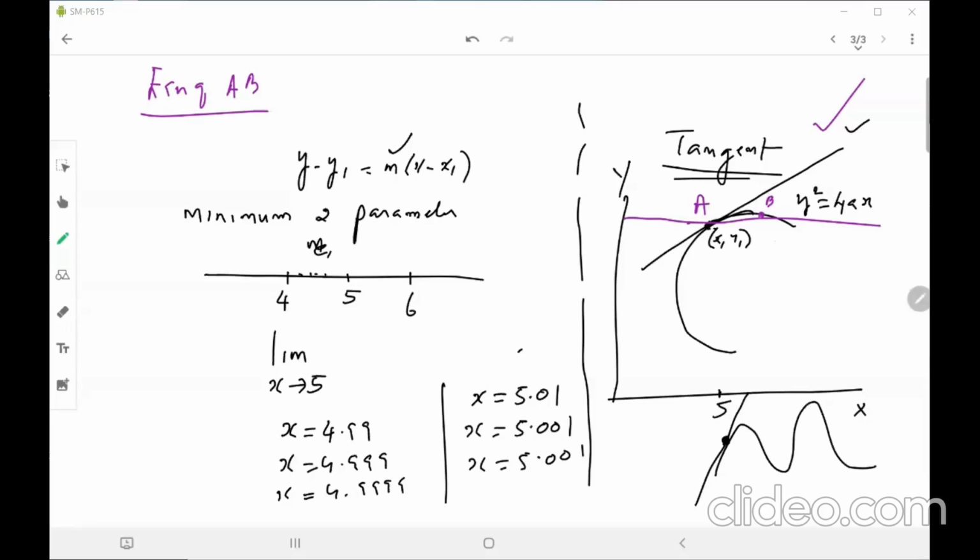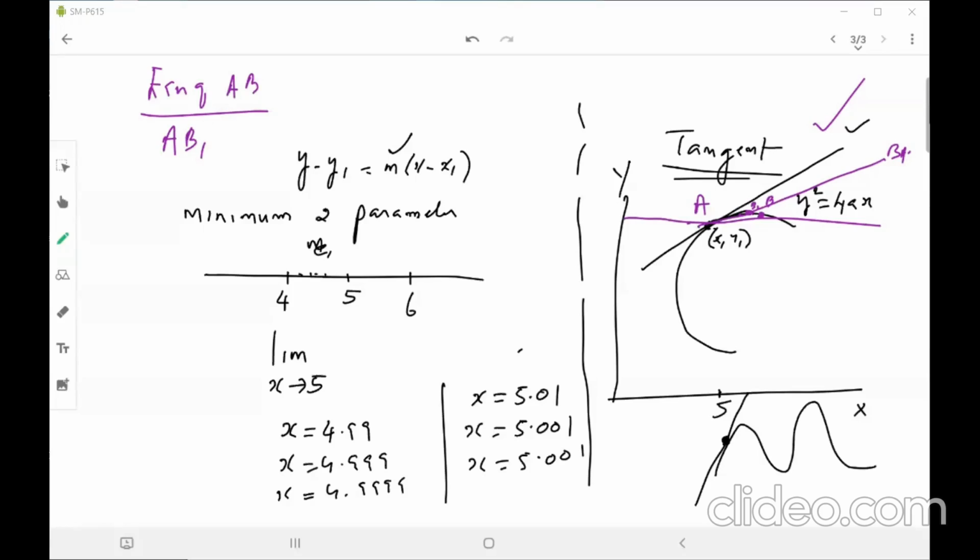So what I do here, this B, I make closer to this. Say instead of this B, I can take B1. Then I draw a line. I get another line, let me say it is the line AB1. When you compare the equation of AB and the equation of AB1, what you can observe is the line AB1 is nearer to your required tangent line compared with AB.